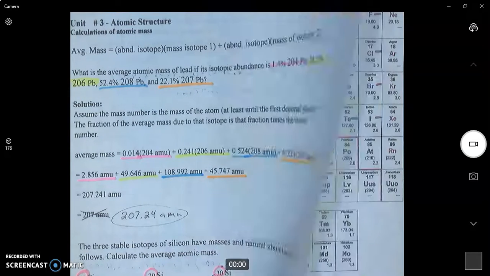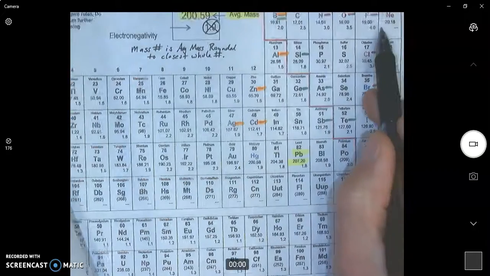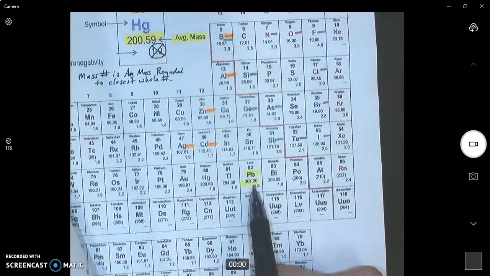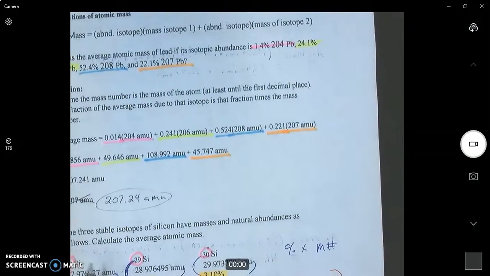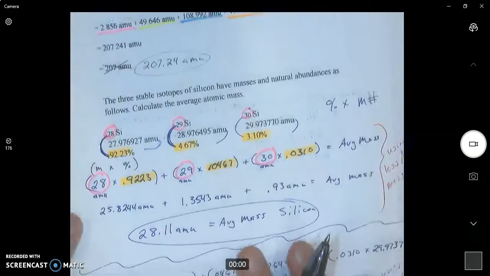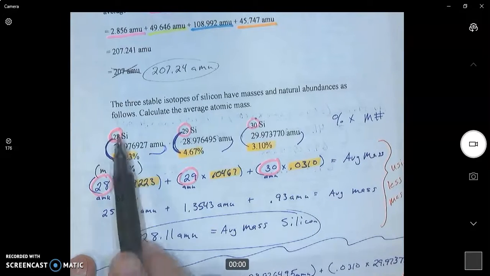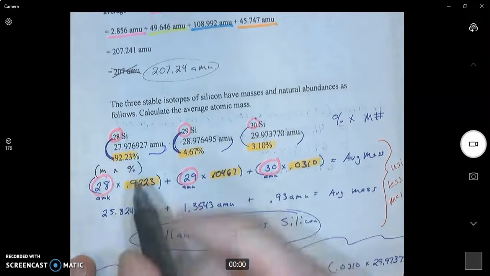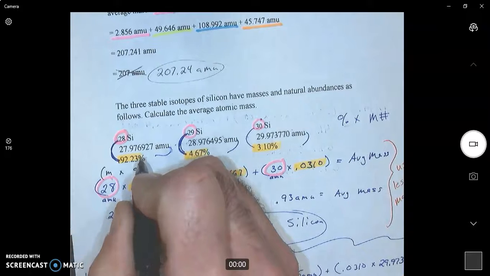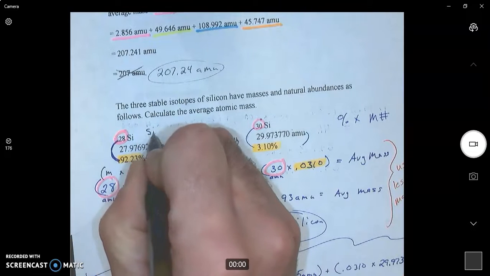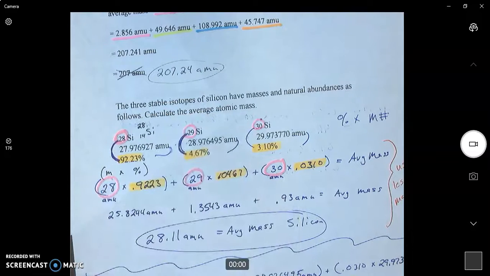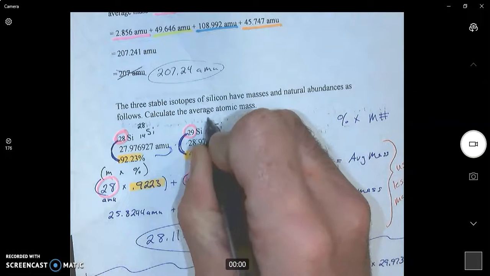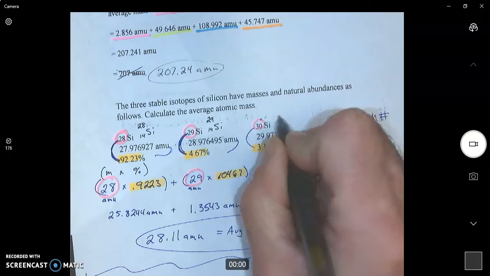You can see that our average from the periodic table is 207.20. That's a really close, good value for that. You can do this anytime. So when you have a set of data like this one, silicon with a mass of 28, that would be Si-28, with atomic number 14, that would be its nuclear symbol. This one would be Si-29, this one would be Si-30.